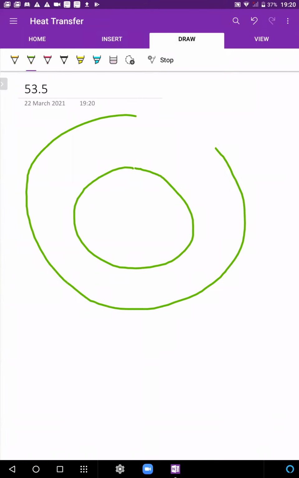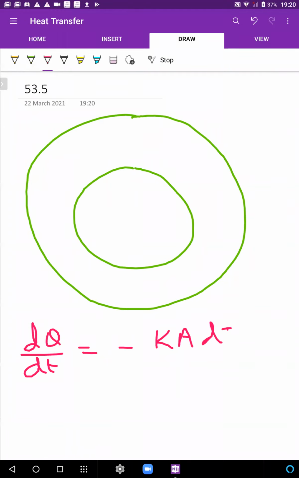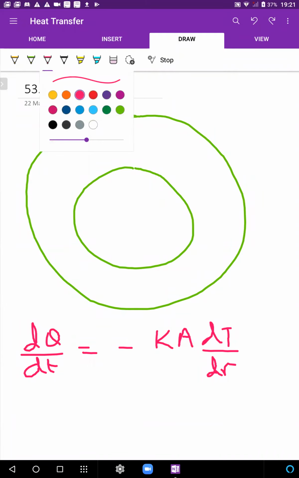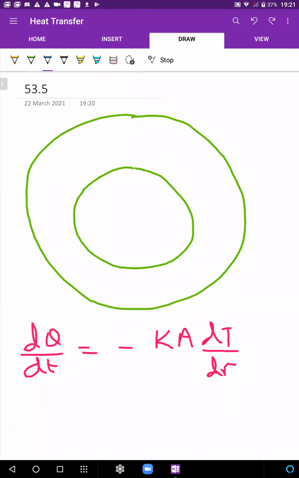All right. So since the area is not constant, and as we try applying this equation, dq by dt is minus ka dt by, of course, we'll apply dr in this case. Our problem over here is that area is changing. So what we'd want to do is we'll take such an element जिसके लिए area ज़्यादा change नहीं हो रहा है.